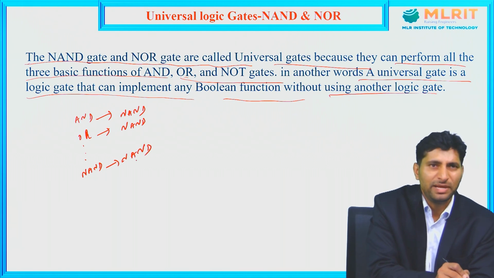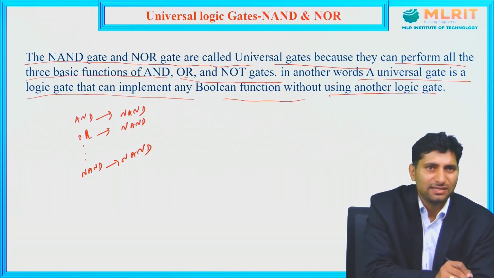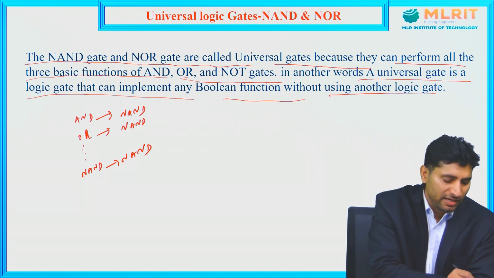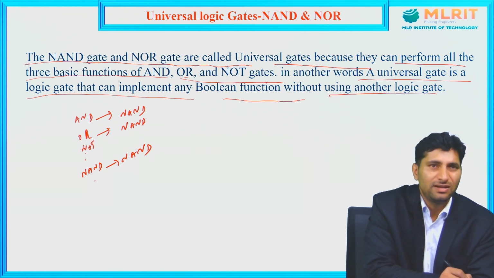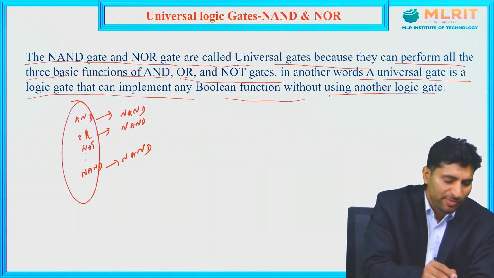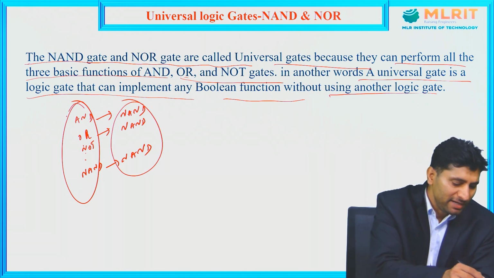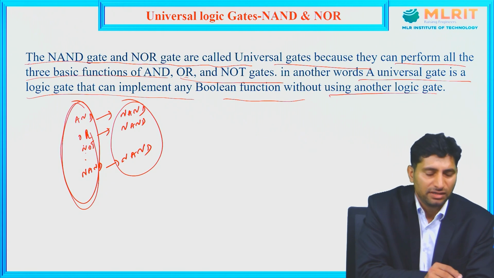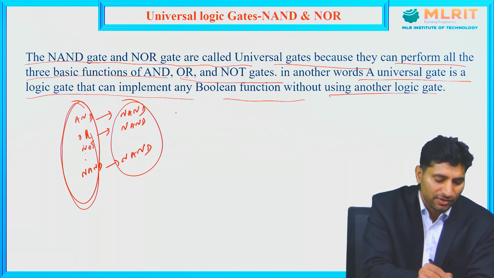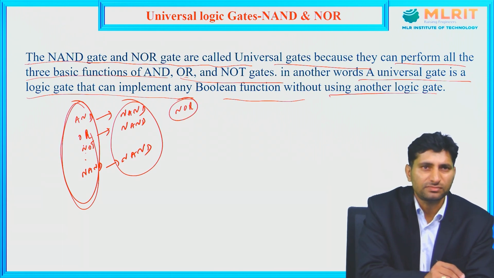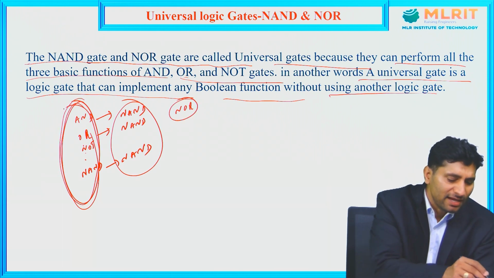So there are the AND logic gate, OR logic gate, NOT logic gate, and special logic gates like XOR or XNOR logic gates. All those logic gates can be implemented by using NAND itself, or I can implement the same AND, NOT, XOR, XNOR, NAND, NOR using NOR logic gates.